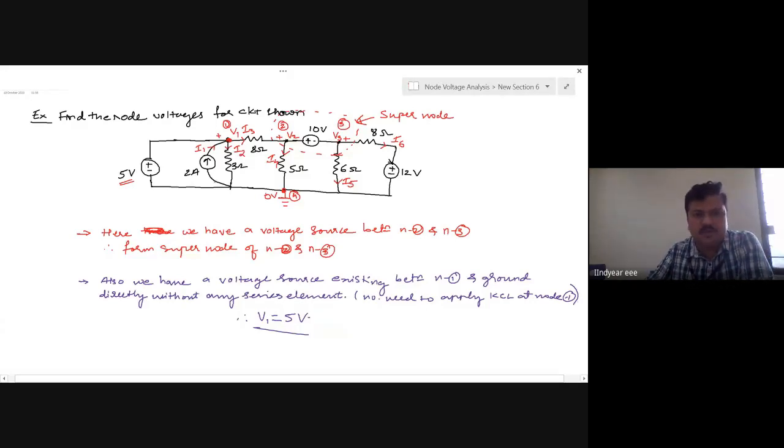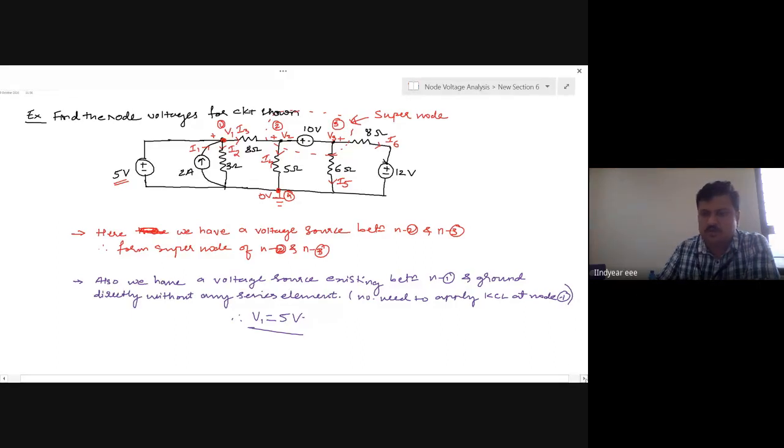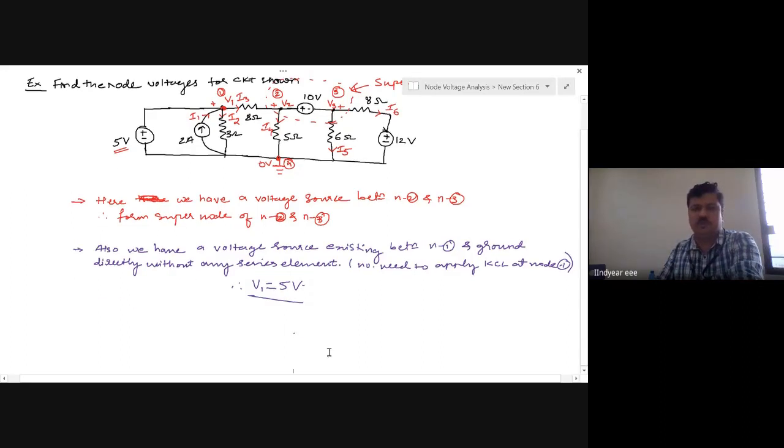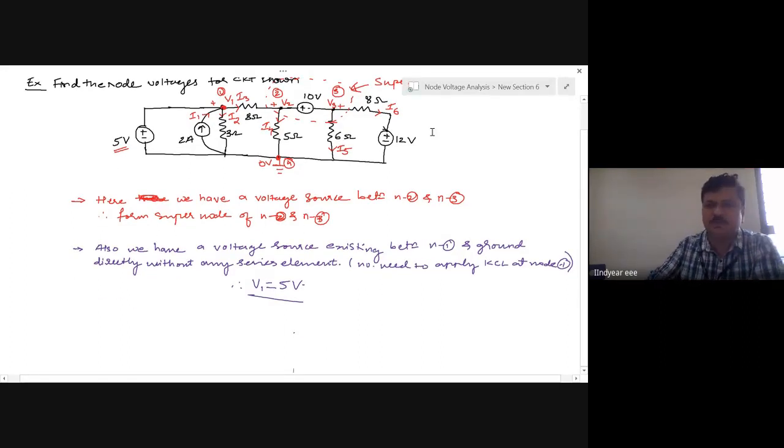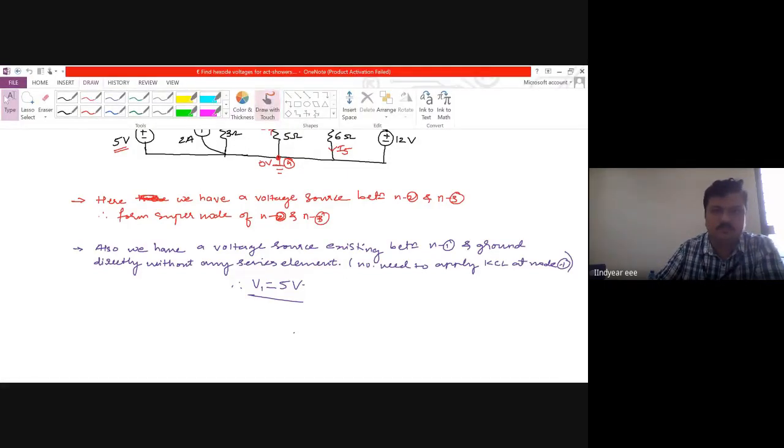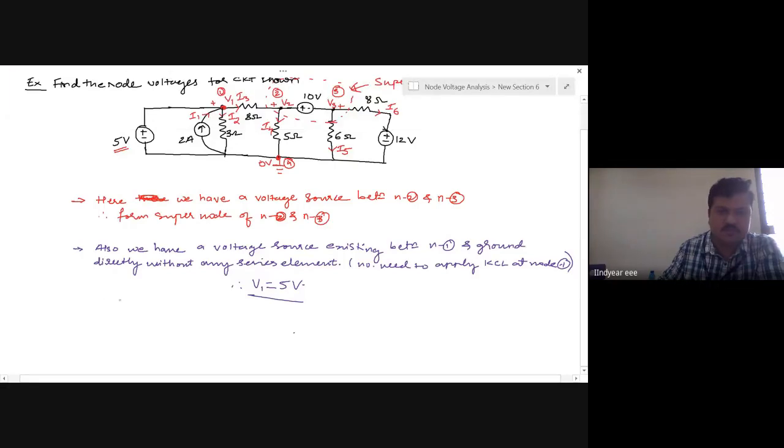We are applying KCL to know the voltage. Now we have to apply KCL at the supernode, and we have to take the voltage relation of the voltage source. Here we can write: apply KCL to the supernode.